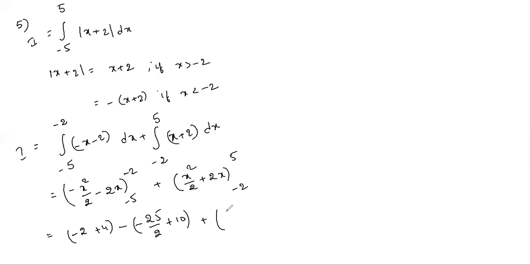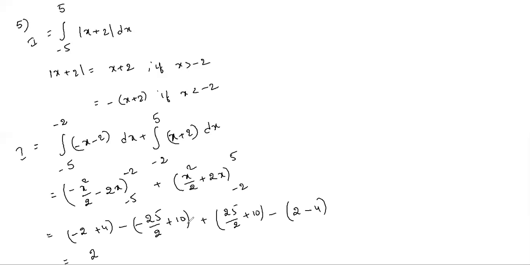Similarly, this is 25 by 2 plus 10, minus the lower boundary: minus 2 whole square is 4, 4 by 2 is 2, minus 2 into minus 2 is minus 4.